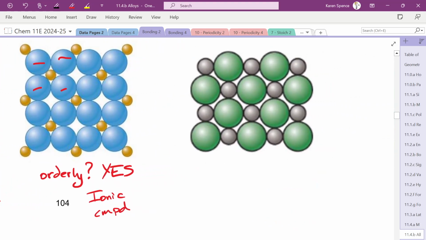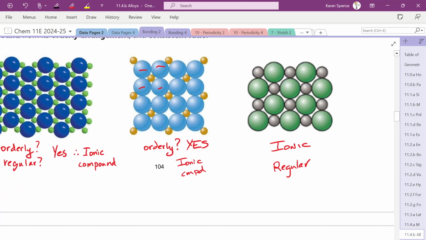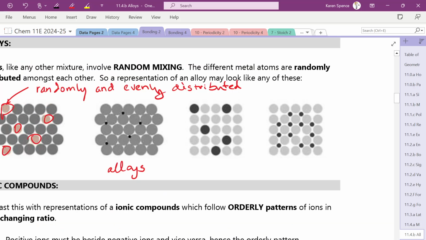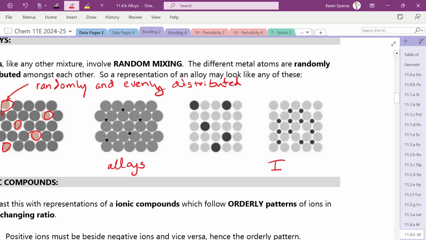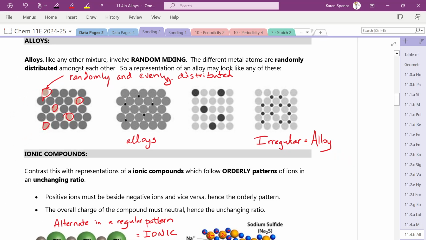And this one obviously is ionic because it is regular. If we go back to our alloys, up at the top of the page, irregular. We good with that?